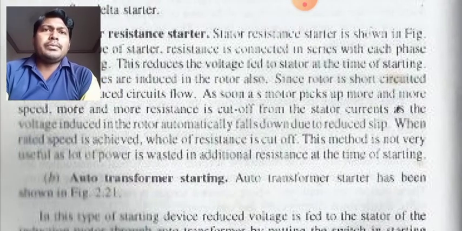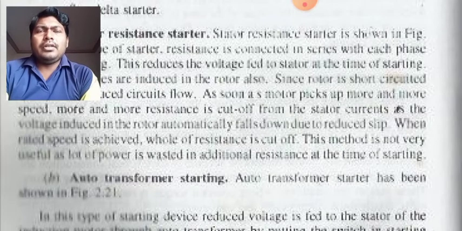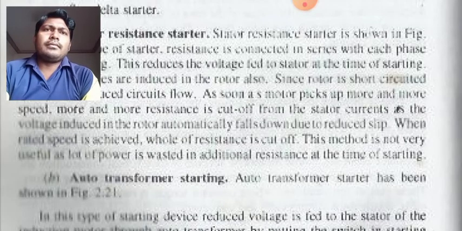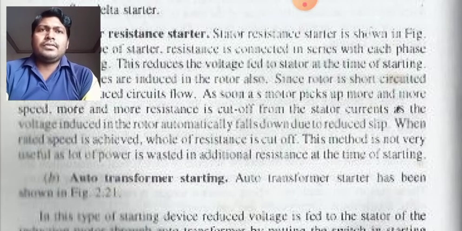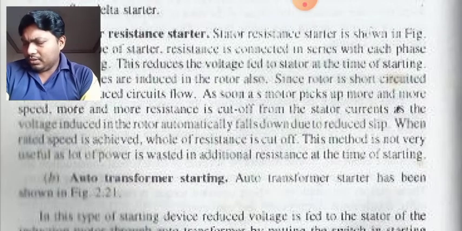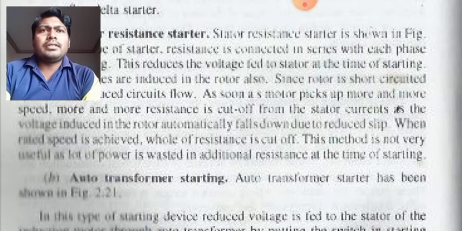Where can you get the rated speed from? It is obviously from the nameplate. You have to check the nameplate for the rated speed. Is there any other method to find the speed? Yes, there are methods which we will discuss later, but for now you should know that the rated speed should be checked from the nameplate.